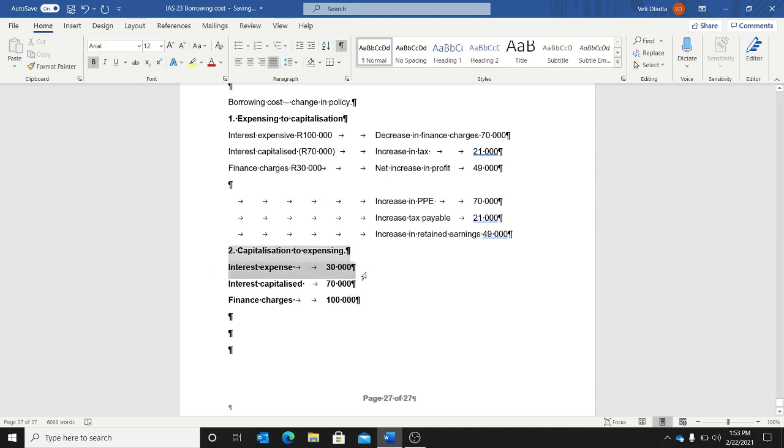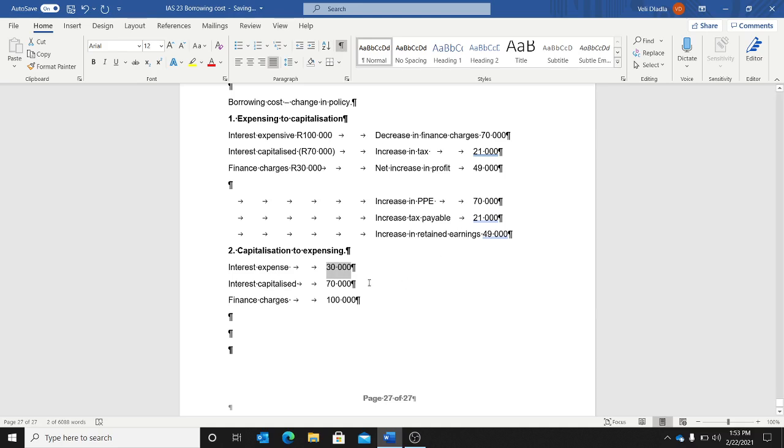Now, this is what is happening. So you were here, all along you were here. Then your expenses, because you were capitalizing, you are bringing it back. It's like you're taking this amount and pushing it back into the income statement here. So what then will happen is your expenses was 30.